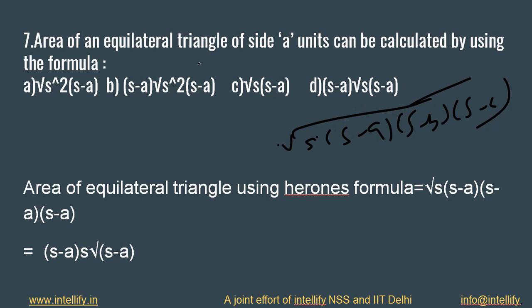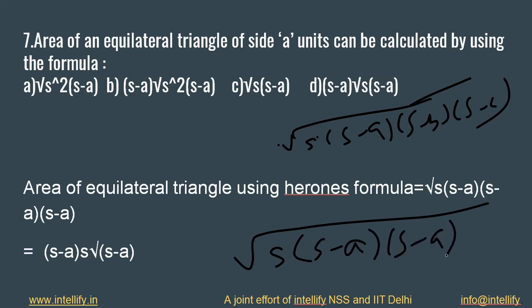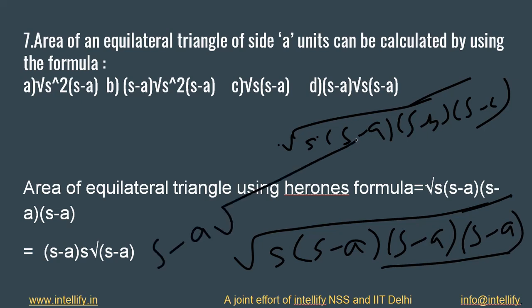So now we have in this question an equilateral triangle, so A, B and C will be equal, so we will replace B by A and C by A. So it will go like that, under root S, and since we have an equilateral triangle, we will write A in place of B and A in place of C. So taking out these two, it will give us (S minus A) under root S into (S minus A), which is the required answer.